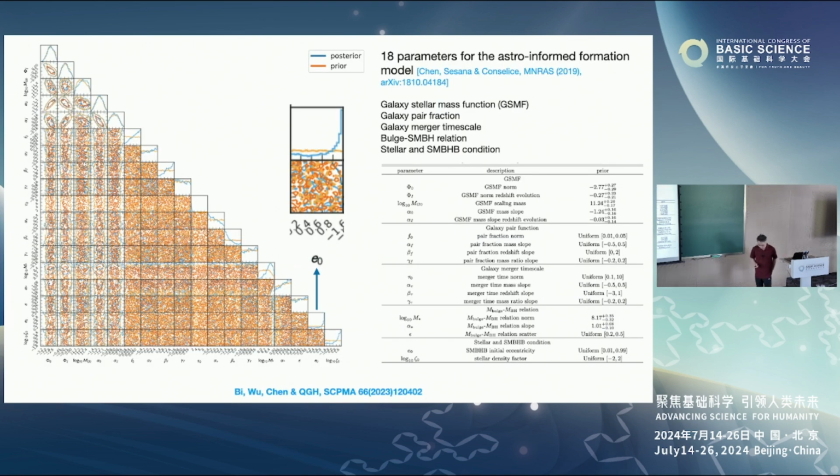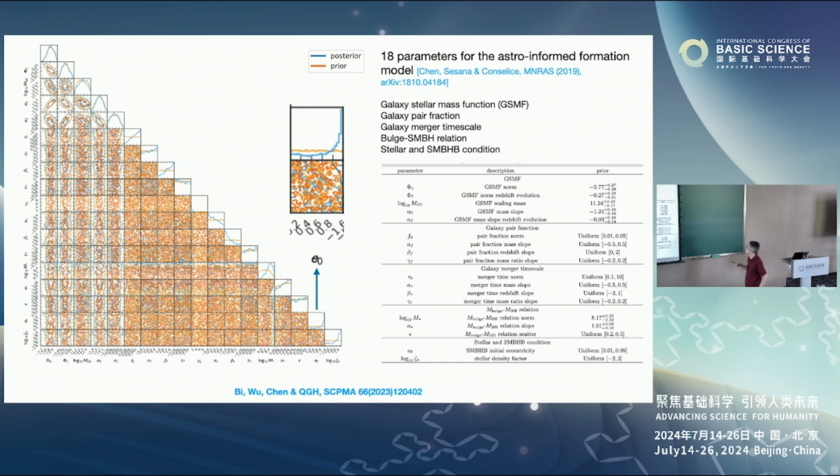Here we use an 18-parameter model to try to explain what they observed. This model is proposed by Sesana and Conselice. In their model, there are 18 parameters.